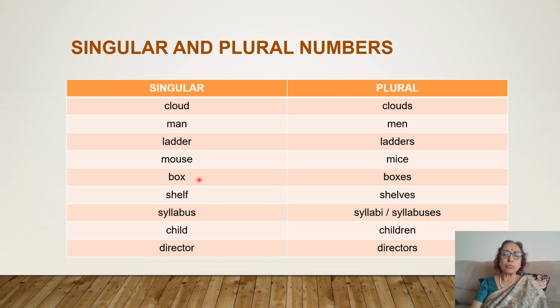Ladder, then mouse, box, shelf, syllabus, child, and director. So cloud becomes clouds. Where S is added, here see ladders. Then you see boxes. Then you see directors. These are the regular nouns.